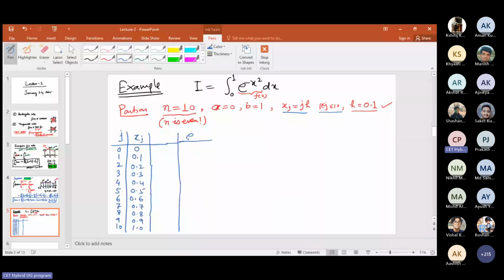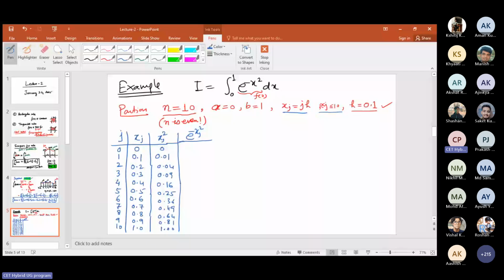So we add one extra column for xj square here. So 0, 0.01, 0.04, 0.09, 0.16, 0.25, 0.36, 0.49, 0.64, 0.81, and the last one is 1.0.